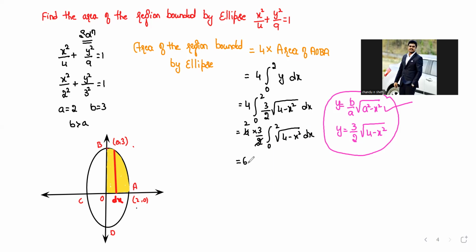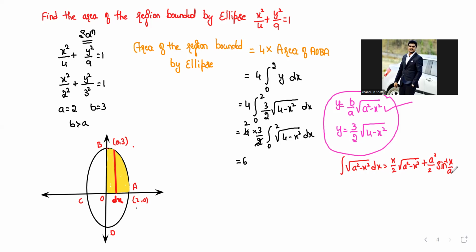Now we all know the formula: integral of square root of a square minus x square dx is x by 2 square root of a square minus x square plus a square by 2 sine inverse x by a. This is the formula we have.